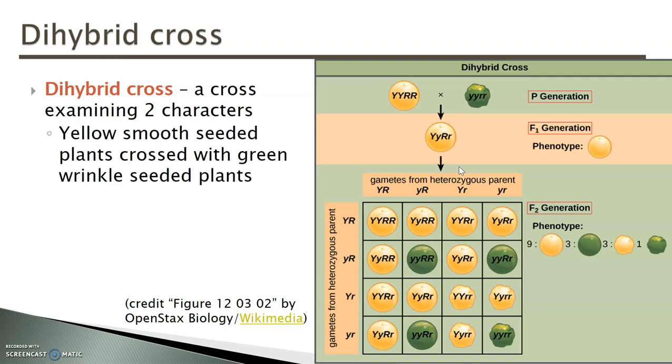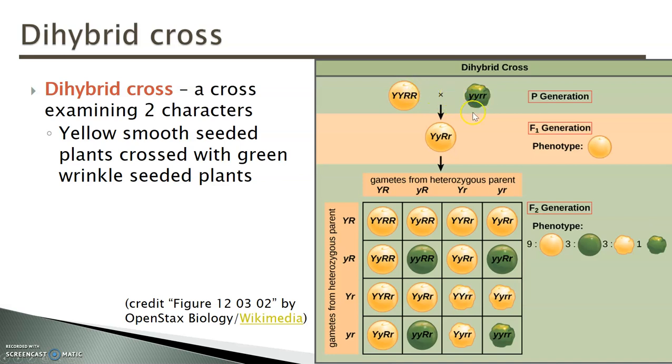So when we look at these, we're looking at two totally different things. So in this example, we are looking at a purebred, homozygous dominant yellow smooth seed, which you can see in the picture as YYRR, right? So here's your YYRR. And then the other one is a purebred recessive with little y, little r, because it is green and wrinkled.